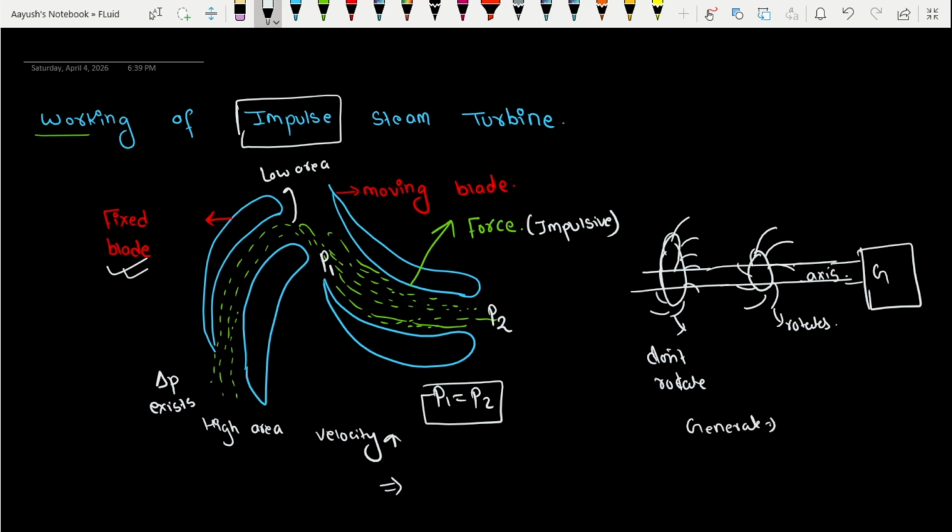For that we need constant rpm of the axis. So when we keep on decreasing the velocity of the steam, then the rpm decreases, which fluctuates the 50 hertz frequency. So we have to keep the velocity the same.